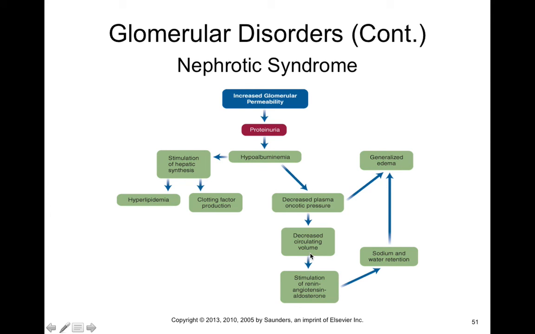Now, due to a loss of plasma volume into your body's tissues, this can also lead to the stimulation of the renin-angiotensin-aldosterone system due to a decrease in blood pressure. And this stimulation of RAAS also causes a retention of sodium and water from the activities of aldosterone and antidiuretic hormone. And because these hormones promote the reabsorption of sodium and water, that can also lead to more edema formation.